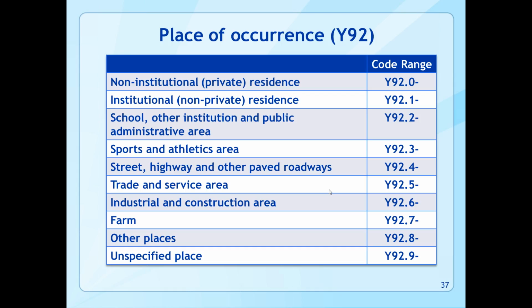For roadway events, there are specific codes for different types of roadways, such as interstates or parkways or state roads or local residential or business streets, or whether it was on an on-ramp or an off-ramp or on a sidewalk, in a parking lot, on a bike path. Just a lot of detail about where the injury occurred. So a whole series of codes here within the place of occurrence code range.